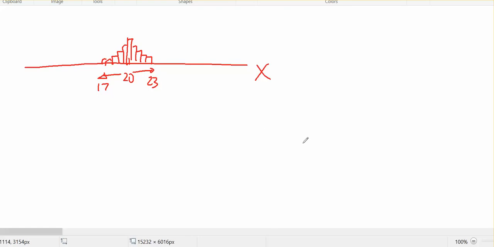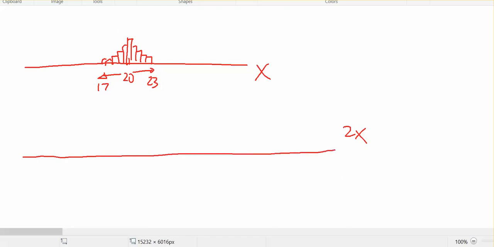And then if I consider 2x, that is, the values of x doubled, then I would expect the centre of the distribution to be over here at 40, because everything is doubled.